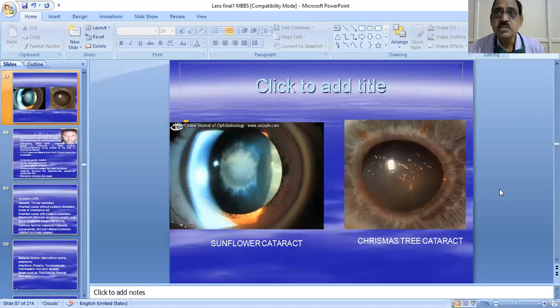And next, you'll have to see for any infection in the vicinity of the ocular field, such as a carious tooth, which is a contraindication for doing the surgery immediately. And CSOM is another contraindication for doing these surgeries.